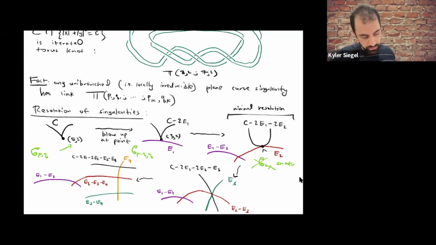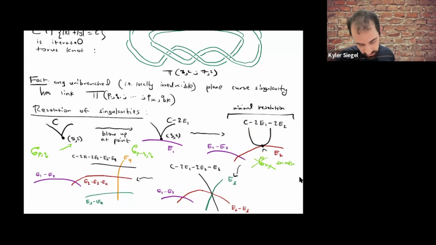So the proper transform of the curve is now already smooth, but sometimes it's natural to keep going because the total transform, the collection of the curve and all exceptional divisors you introduced, is not a normal crossing divisor yet. The curve is actually tangent to this exceptional divisor. So you can keep going until the total transform is a normal crossing divisor.